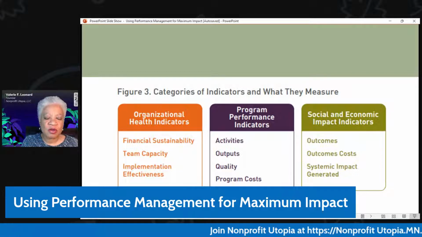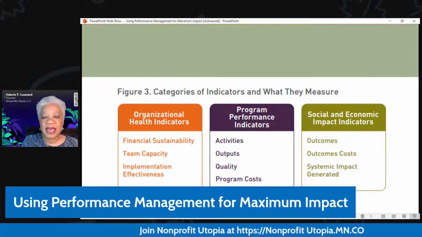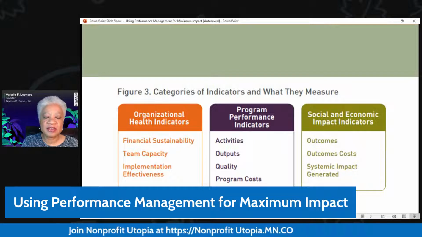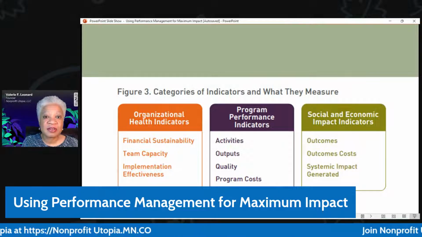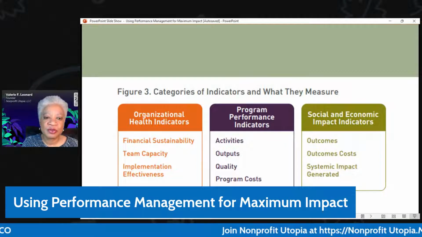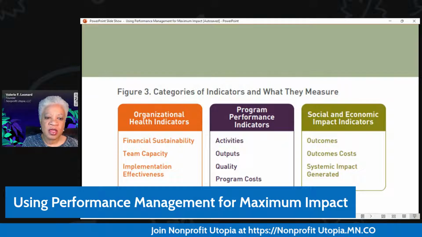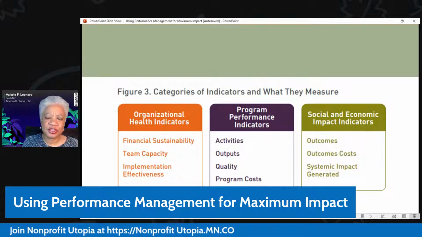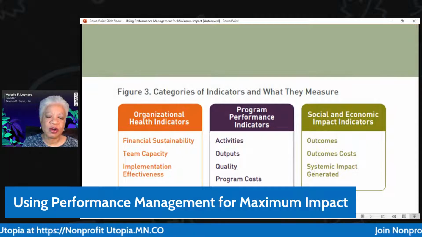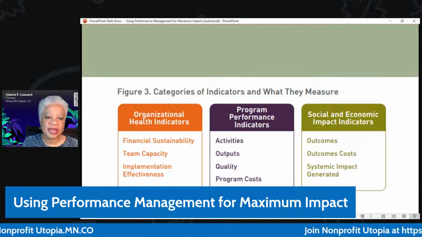You will also note team capacity, right? You necessarily have to have a team that has the skills, and you also need to have enough people in order to meet your mission and vision, right? So those types of indicators should also be on your scorecard as well as your dashboard.